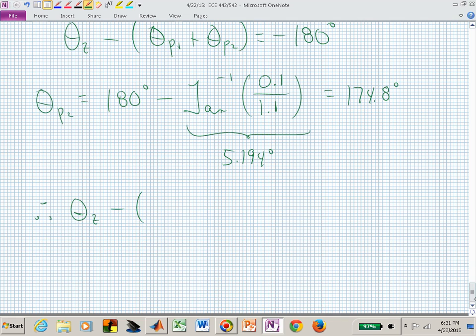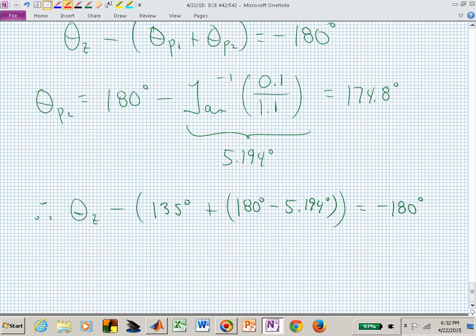Now we have everything except theta sub z. We have theta sub z minus 135 degrees plus, let me just put this in as 180 degrees minus 5.194. It'll make my math easier. And that's equal to minus 180 degrees.